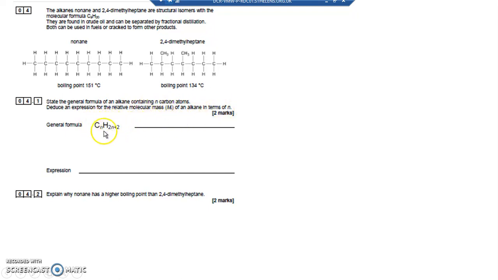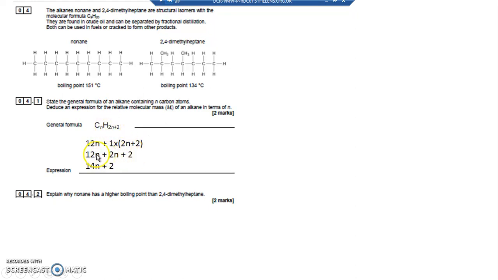In terms of the relative molecular mass then, a carbon has a mass of 12 and a hydrogen has a mass of 1. So for every carbon with a mass of 12, you've got n of them, and for every hydrogen with a mass of 1, you've got 2n+2. So the relative molecular mass is 12 times n, plus 1 times 2n+2.